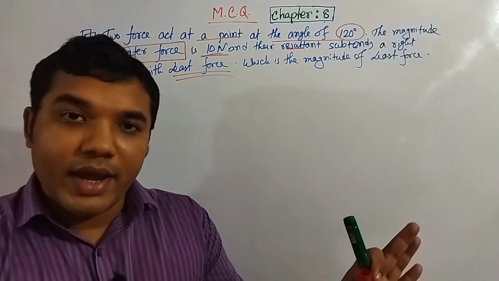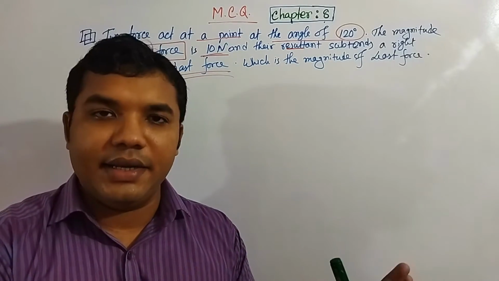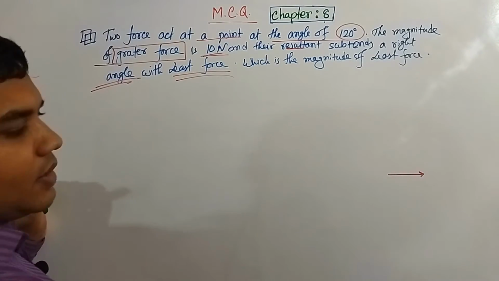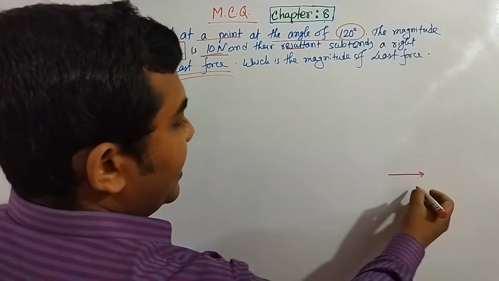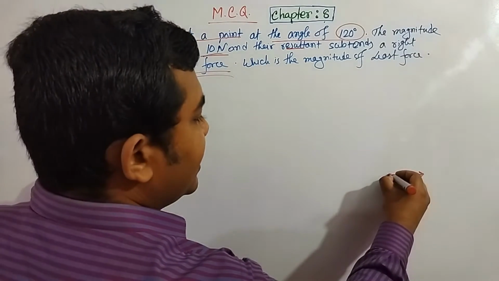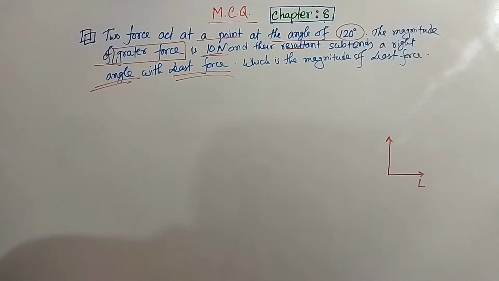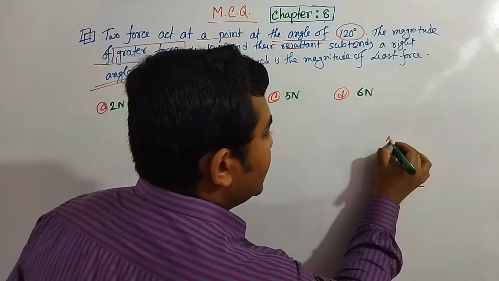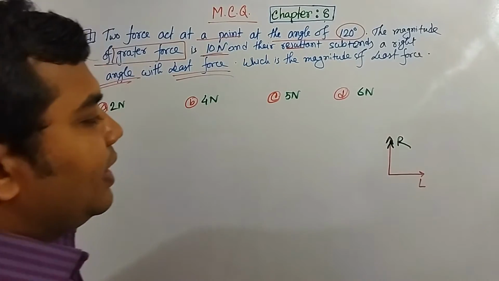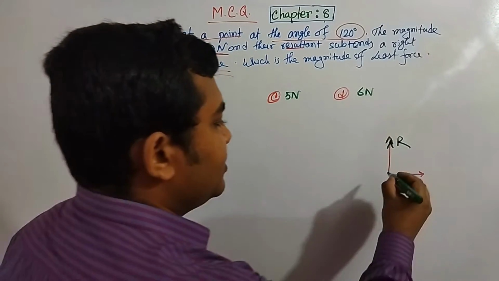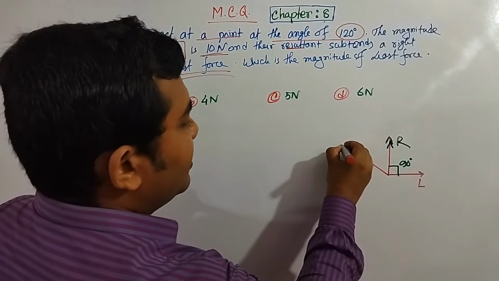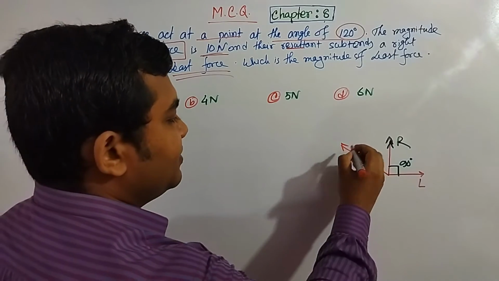That means when a resultant makes a 90 degree angle, what does that mean? Here the least force is given, and it creates an angle of 90 degree with the resultant R. It should be 90 degree. So this is the resultant R, and that is our least force. It creates an angle of 90 degree, and here it is the biggest or largest force.